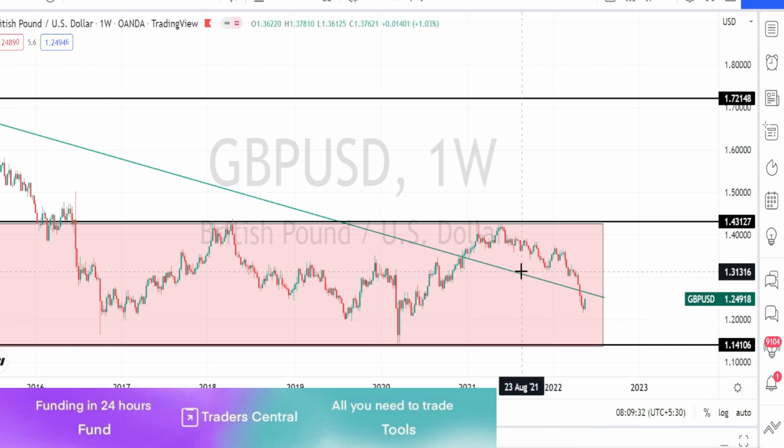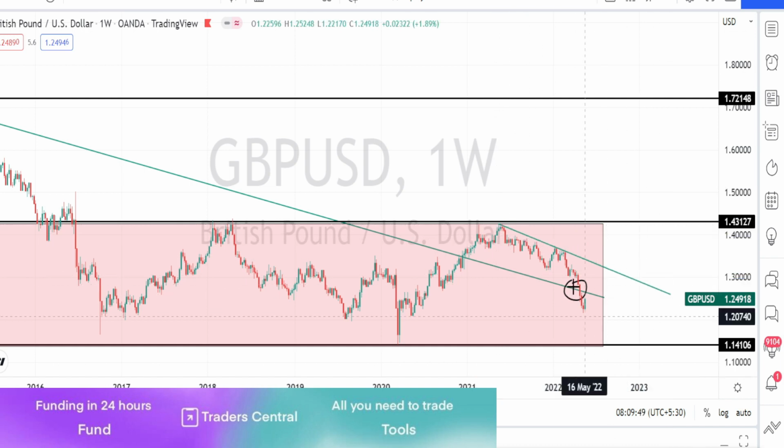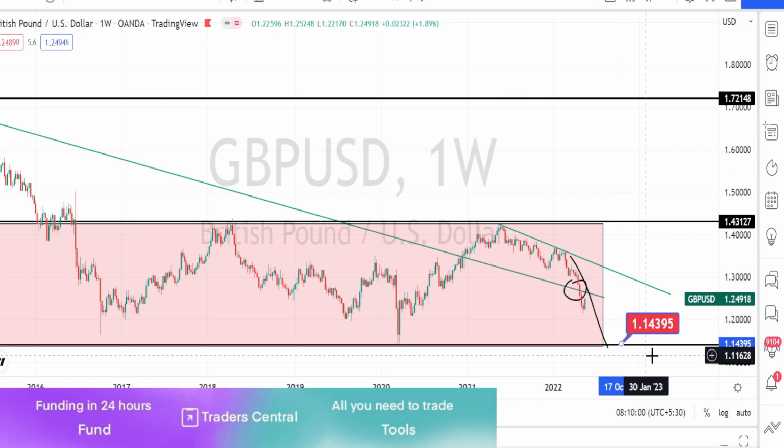Currently, since it has given a breakout from this support line, and I'm drawing a trend line on the top side also, we can clearly notice that it is in a downtrend. So if the downtrend continues in weekly time frame, we can expect it to go down to the support level of 1.14395.